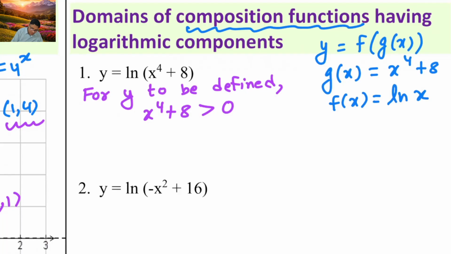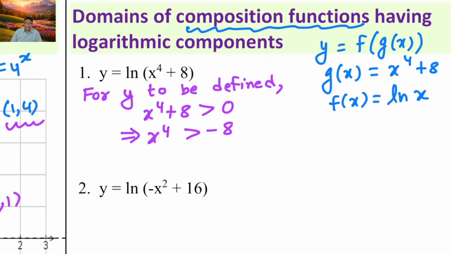The rest is to solve the inequality. Now take the 8 to the other side. You get x to the 4 greater than negative 8. Now, x to the 4 is an even power. That's always non-negative.